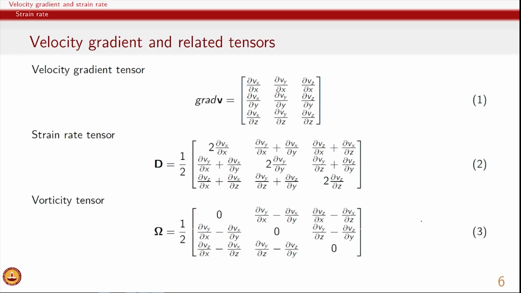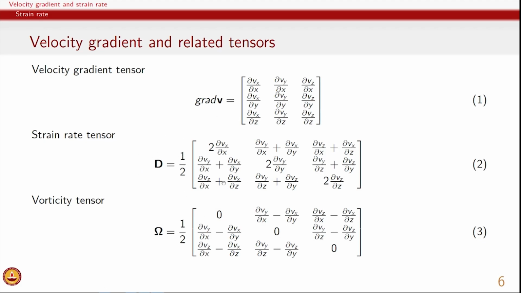And so to get the deformation, we will look at the off diagonal terms and add them from the velocity gradient. That can be seen here for the rectangular coordinate, and the strain rate tensor is obtained from the velocity gradient tensor by just adding the velocity gradient and its transpose. So you have del Vy by del x added to del Vx by del y. The gradient of velocity and gradient of velocity transpose, and half, gives us the strain rate tensor.